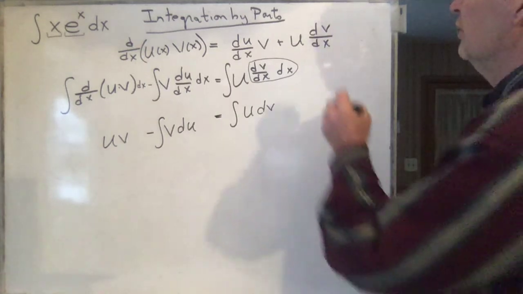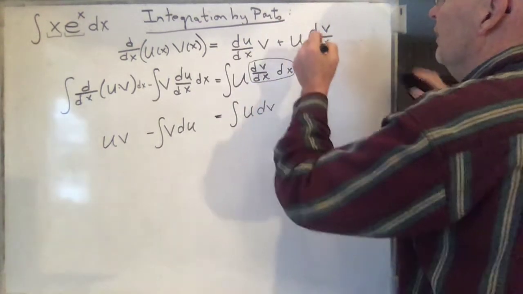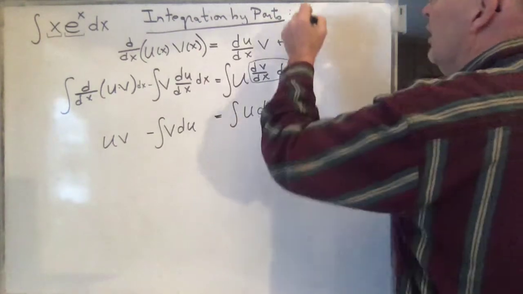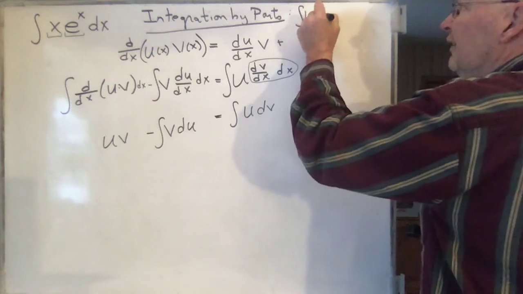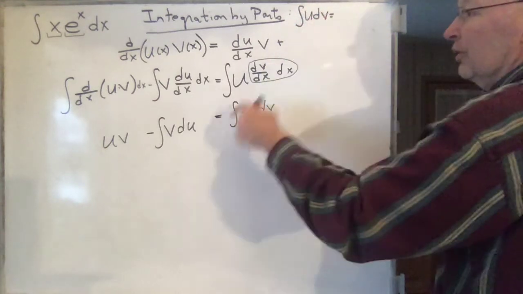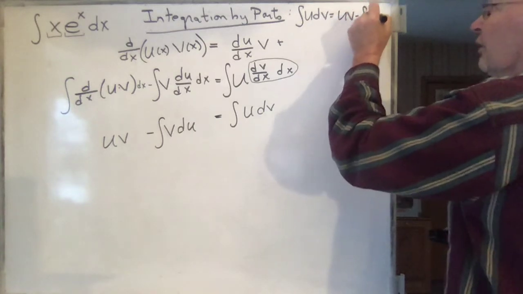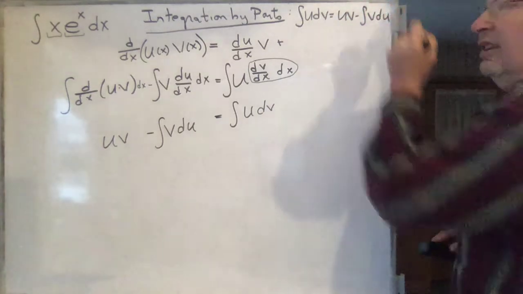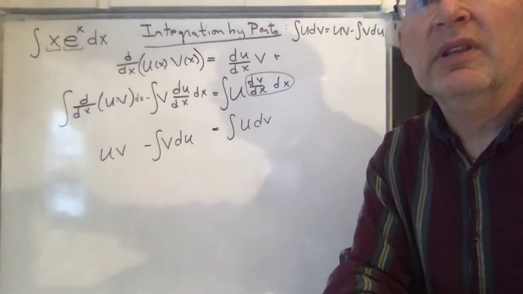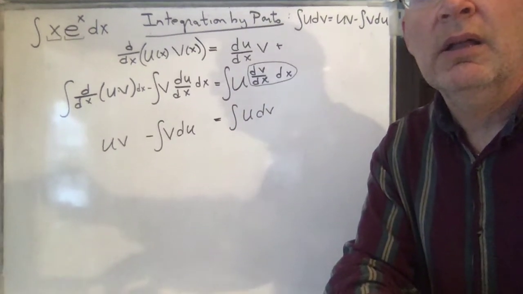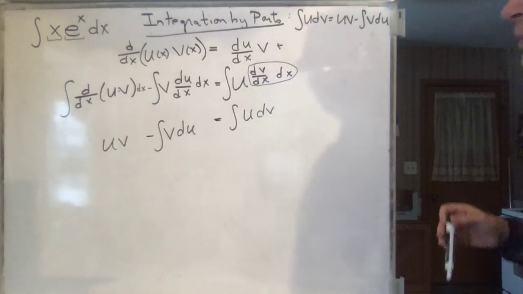I'm going to write it up here: the integral of u dv is equal to uv minus the integral of v du. Make sure you can see that. There it is, and that's the formula for integration by parts.